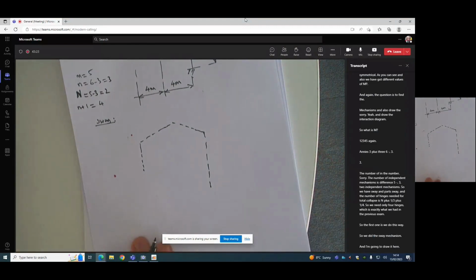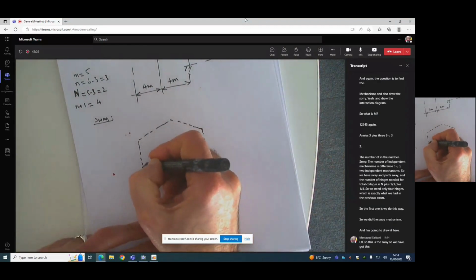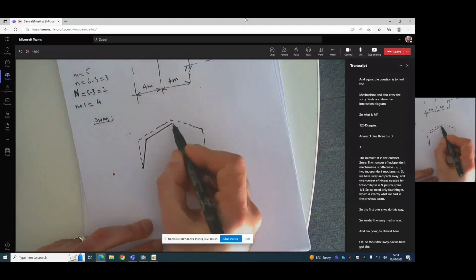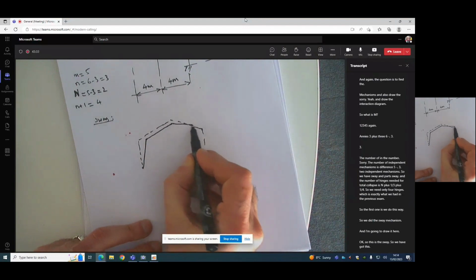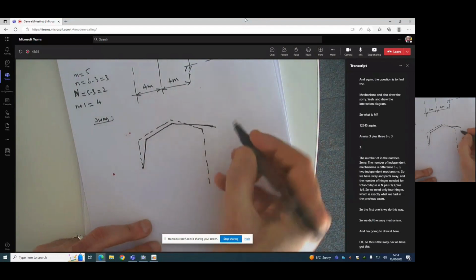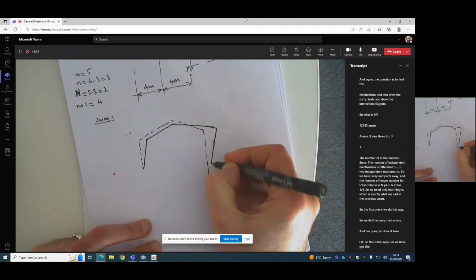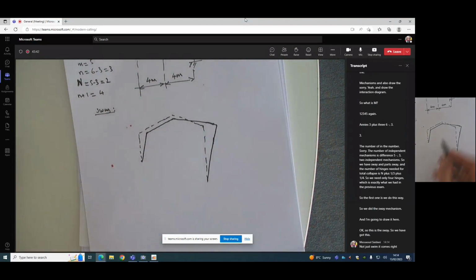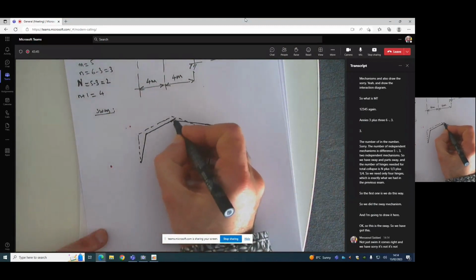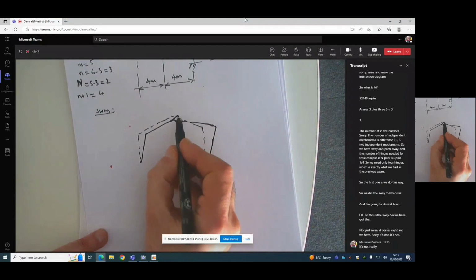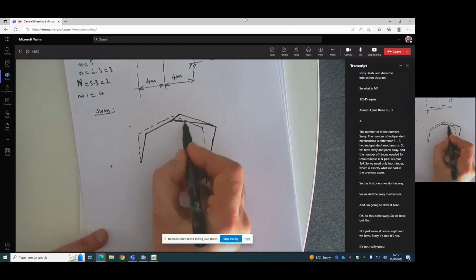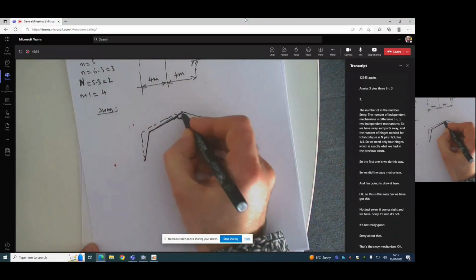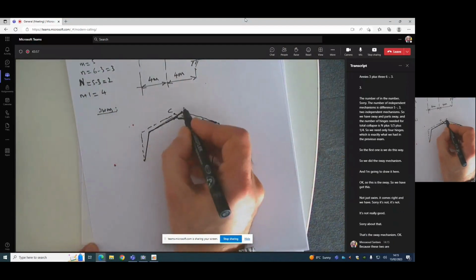So this is the sway. We have got this. That's the sway mechanism, right? Sorry, it's not really good. Sorry about that. That's the sway mechanism, because these two are at the same level.